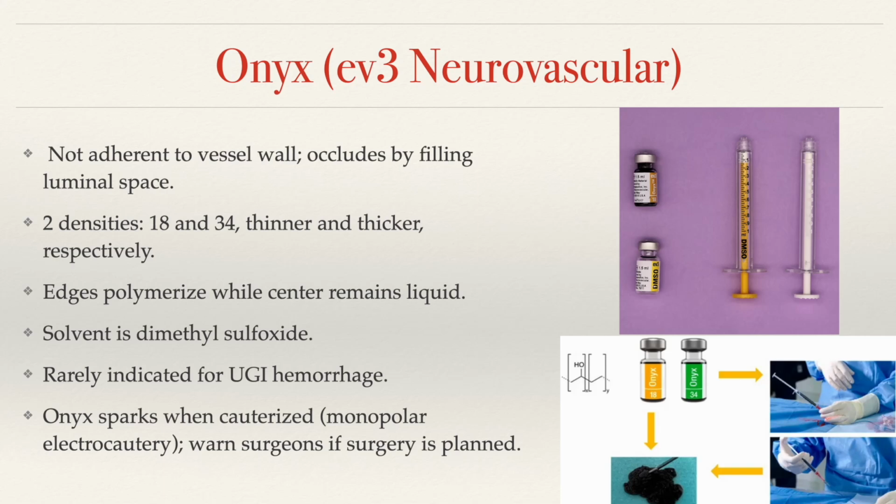The solvent used is dimethyl sulfoxide. It is rarely used in upper GI bleeds. An important thing is that after embolization with Onyx, if you're going for surgery, you should warn the surgeons because Onyx will spark whenever you use cautery. Here you can see this is DMSO and then you will have Onyx. You have to mix both and then inject.